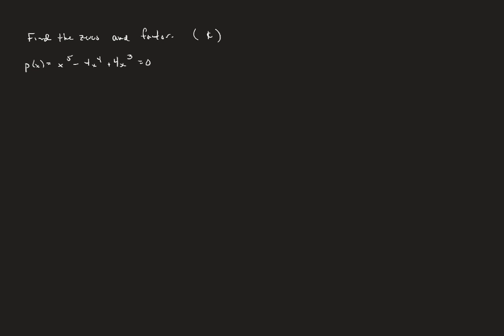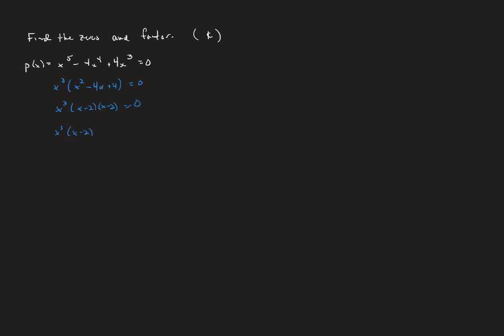So to find zeros, we're going to set equal to 0. We're going to factor that so we see a greatest common factor of x cubed, and that's going to leave behind x squared minus 4x plus 4. And that factors further into (x minus 2) times (x minus 2), or if we like, we can call it (x minus 2) squared.